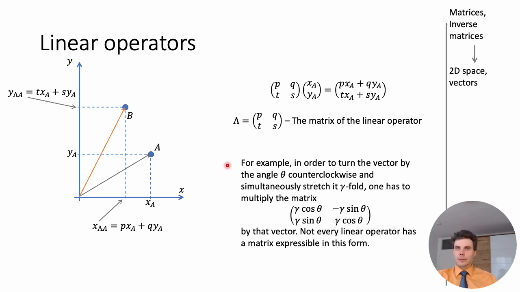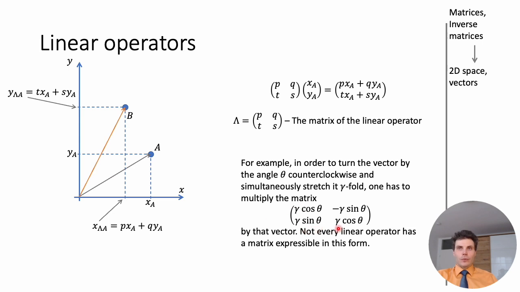And here comes an example. For example, we have the vector A. In order to turn it by the angle theta counterclockwise and simultaneously stretch it gamma-fold, one has to multiply this matrix by that vector.